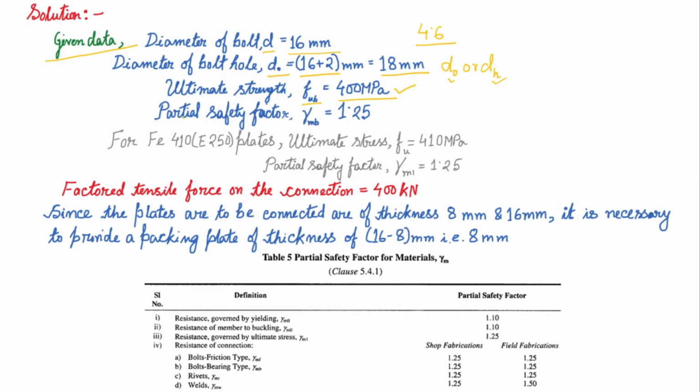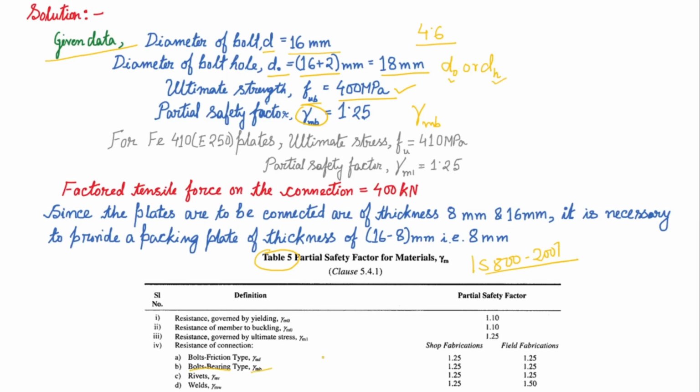Next, partial safety factor. So partial safety factor for the bolt is gamma MB, and its value is taken from table number 5 of IS 800 2007. So we are using bearing bolts.